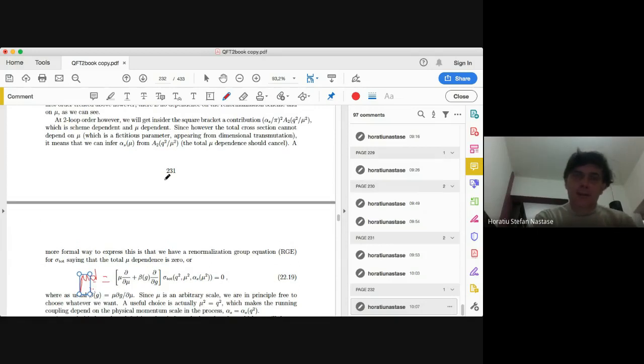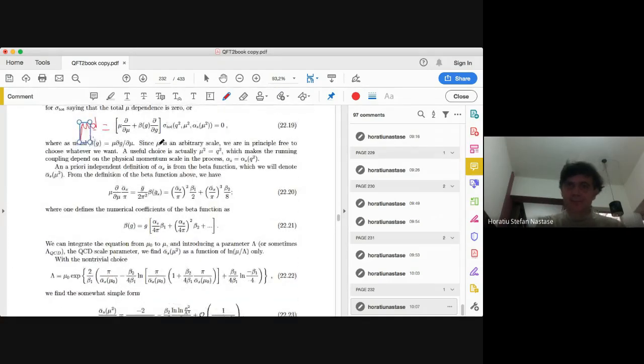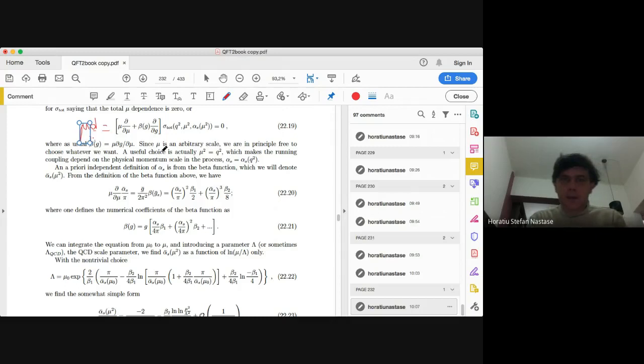And then from this we infer the dependence of alpha strong on the scale mu as being related to this function a of q squared over mu squared. There's an a priori independent definition.